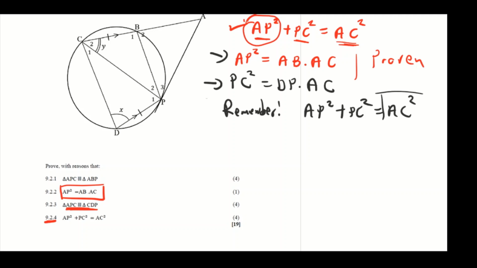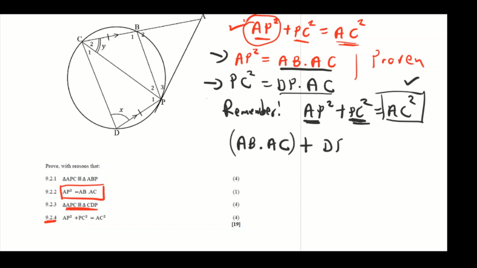So we want to prove that when you add this and this, it should give you this AC squared here. So what is AP squared? AP squared, it's this here. So just going to write it down. AB multiplied by AC plus, let me put it in brackets like this. And then PC squared, it's this here, which is DP multiplied by AC, right? So we should get AC squared, by the way.